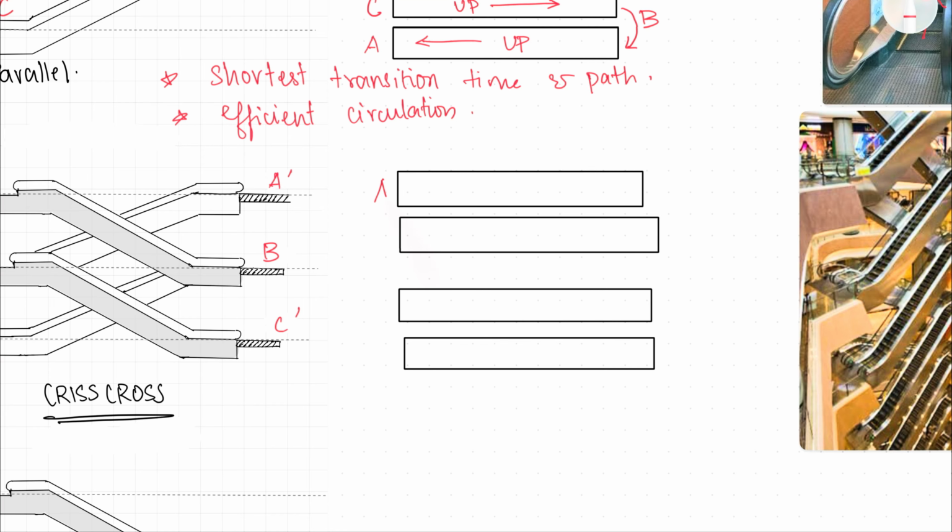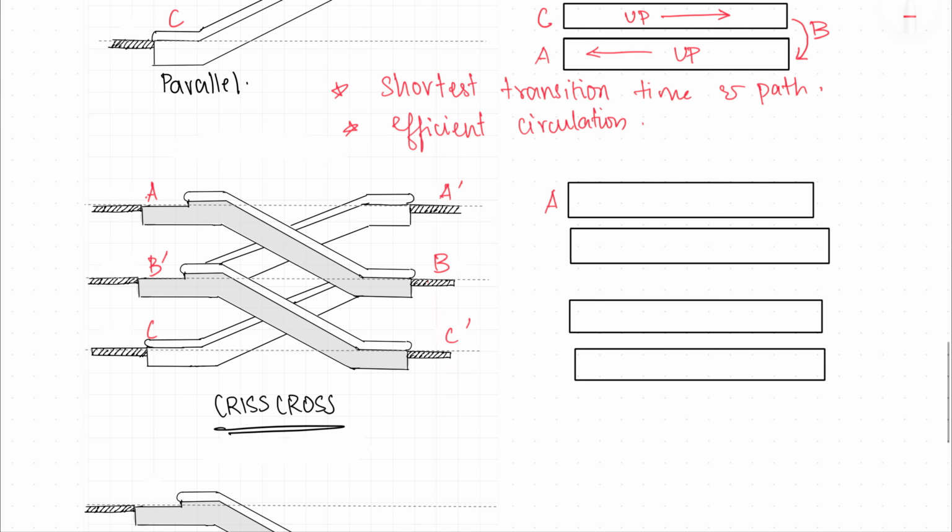If I draw this in plan again, from A you are going down to B. From B, on the floor level of B, you will transfer to the adjacent escalator, which will take you down to C. Again, while going up, C dash will take you up to B dash, from where you will transfer to the adjacent escalator and go up to your A dash level.